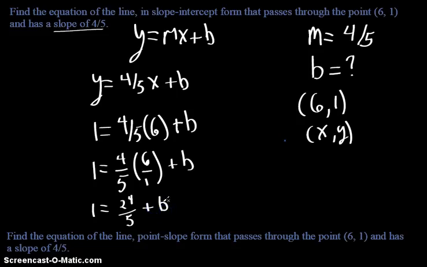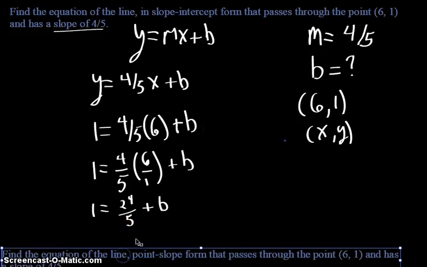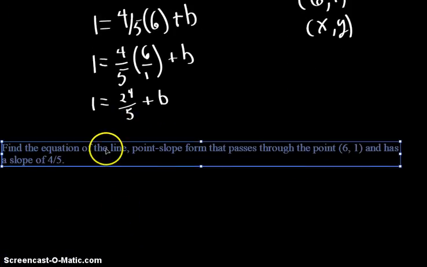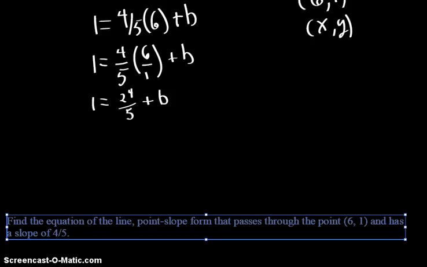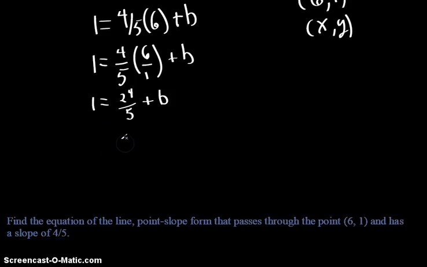Next thing I have to do, I'm going to grab this stuff and move that down. It looks like I need a little bit more room here. All right, so next thing I'm going to do is subtract 24/5 from each side.